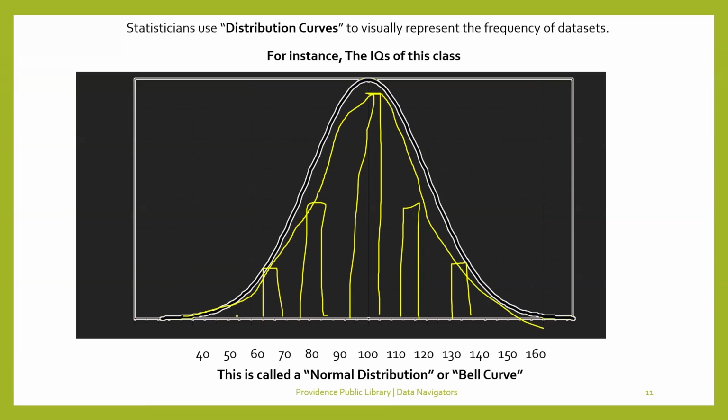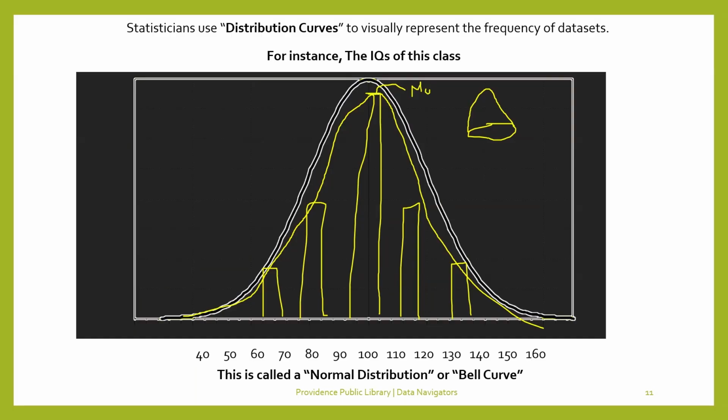Whenever we encounter a smooth curve like this, we call that a normal distribution. We call that a bell curve also because it resembles the shape of a bell. If you see, this is a mode, so this is unimodal, right?